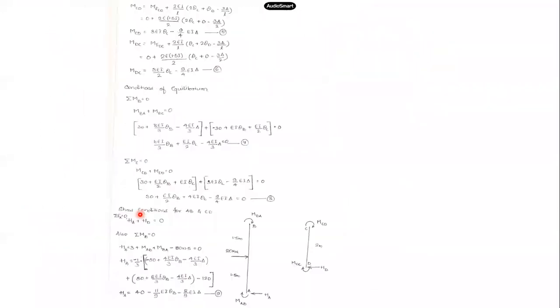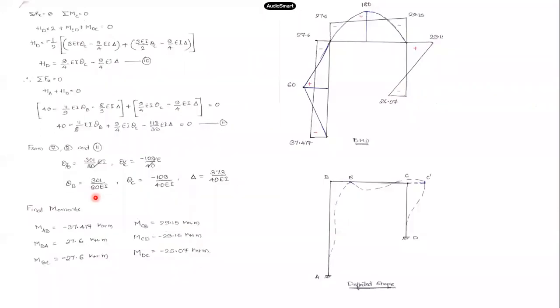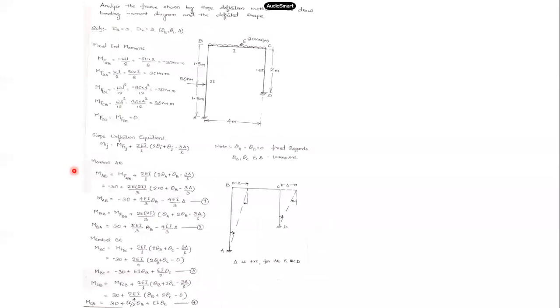Let me do those small corrections. I'll provide you with those small corrections, and in the next class we'll check that. Just try calculating this. Any doubt in this procedure, that is, in taking the sway sign, assigning the sign for delta, and writing the slope deflection equation for the 2 vertical members, the columns?